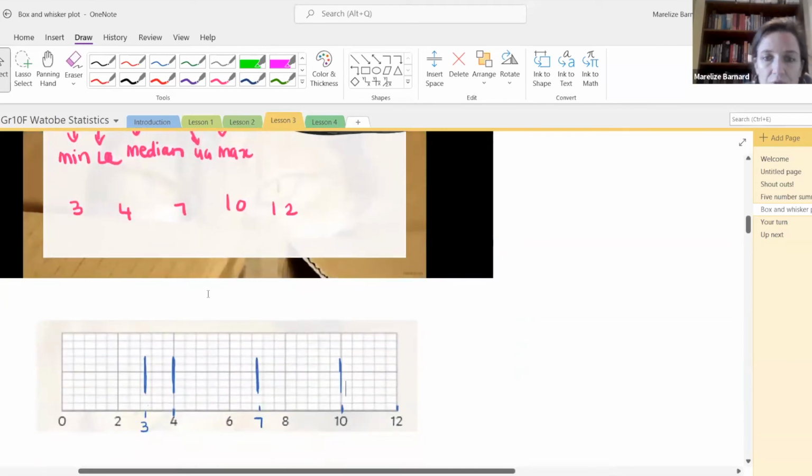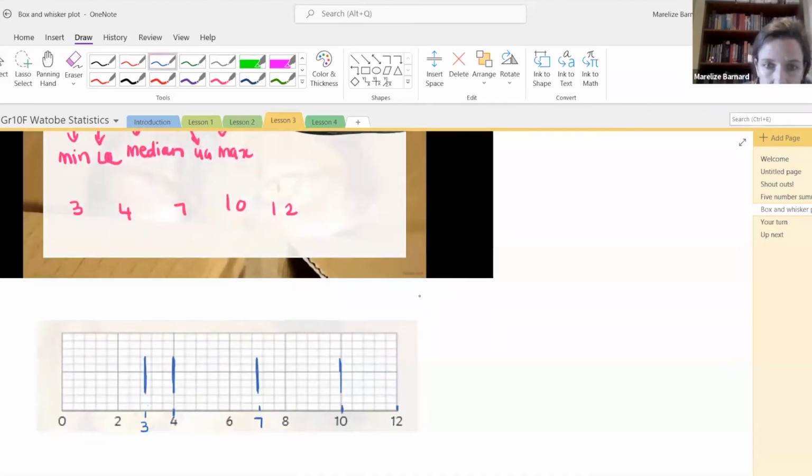Okay, so draw your vertical lines like so. Make sure they are all correct. All even. They must all be the same. Okay, so now with the lower quartile, the median, and the upper quartile, with your ruler, not like me, with my free hand, draw a box like this one.